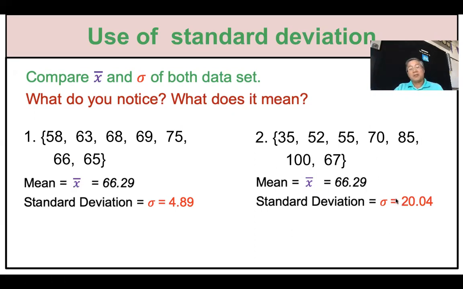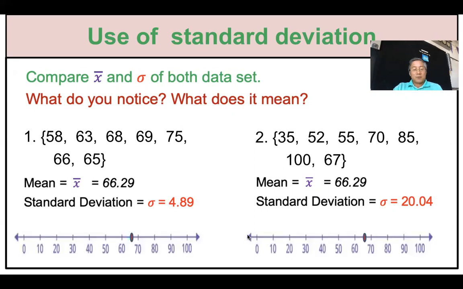Now, how can we interpret this with the standard deviation? If you put all the data on a number line, it will look like this. The 7 data in the first set all stay very close to each other.